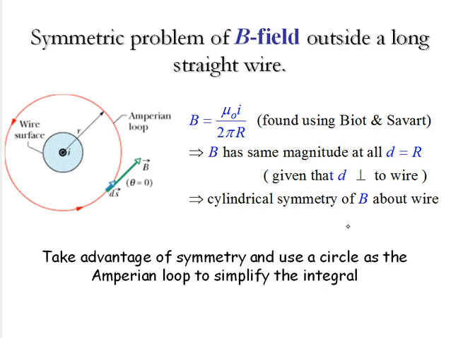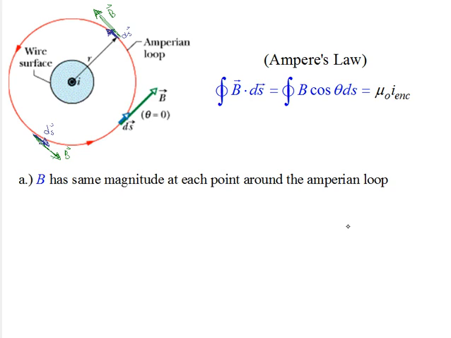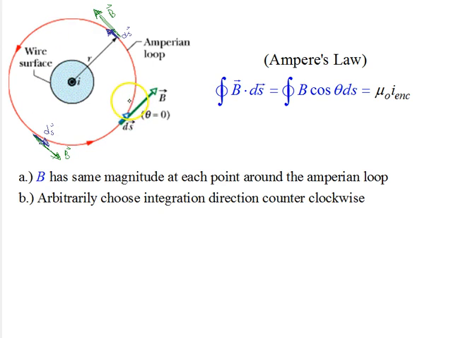So we can take advantage of this symmetry, using a circle as our Amperian loop to simplify the integral. If we use an Amperian loop of a circle at some distance, lowercase r, from the center of our wire, our magnetic field will have the same magnitude at each point around the Amperian loop.